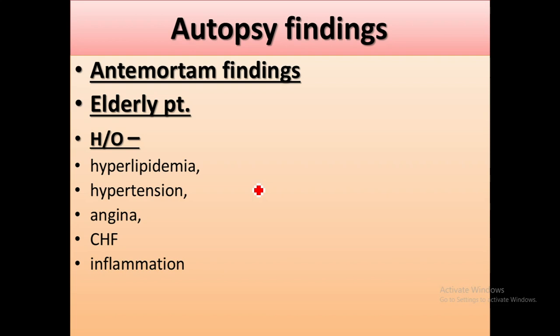So what are the autopsy findings which we can see in case of valvular heart diseases? In antemortem findings, in generally acquired valvular lesions, patients are elderly with a history of hyperlipidemia, hypertension, angina, congestive heart failure or inflammation.